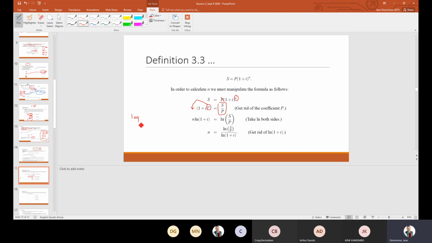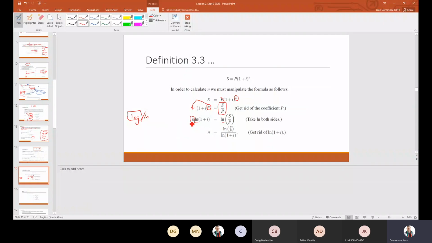Now you would have done this in DSC1630 or in one of the maths courses. So you're basically taking ln or log on both sides. So you apply ln as a function. Now we have N not as an exponent anymore, to the power of something.